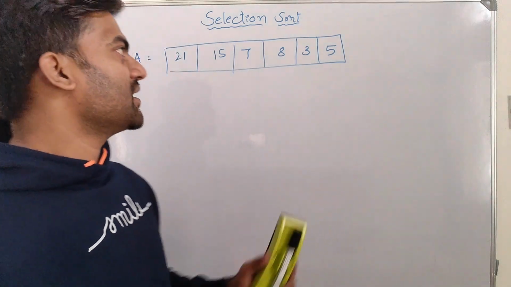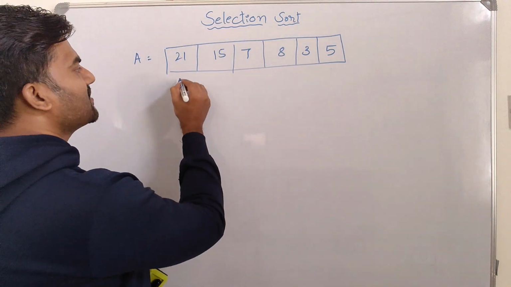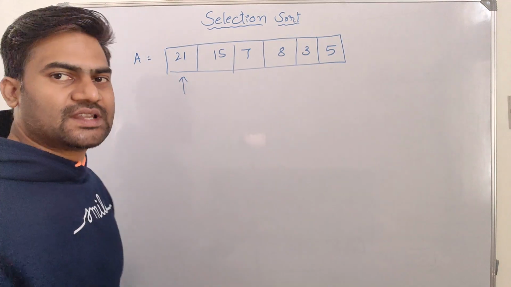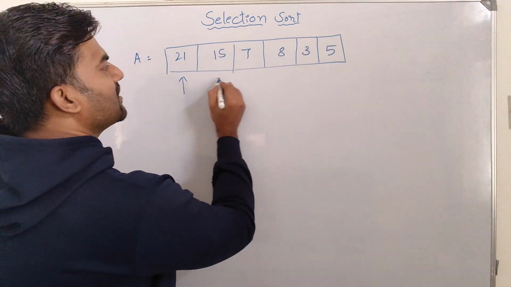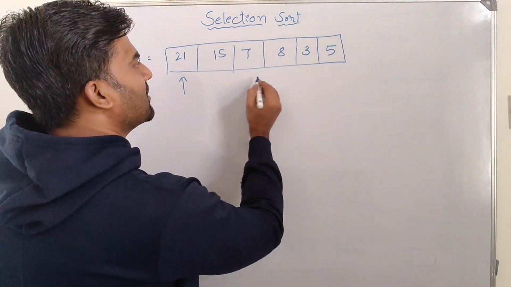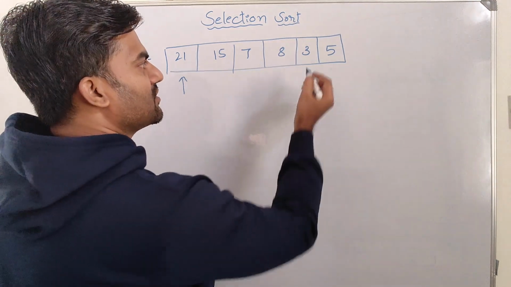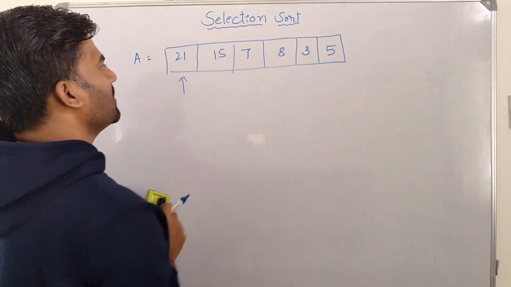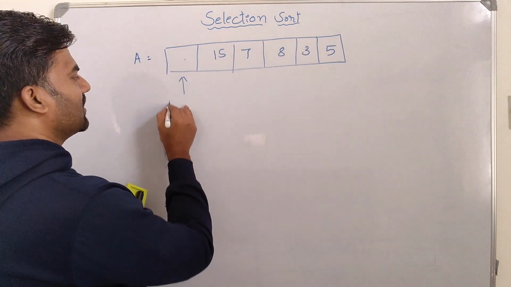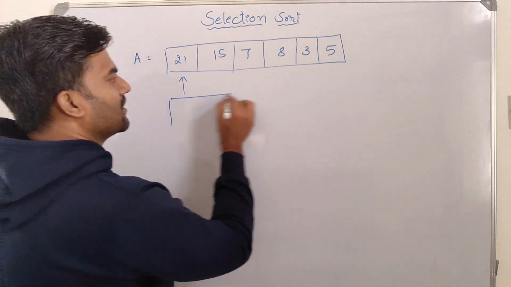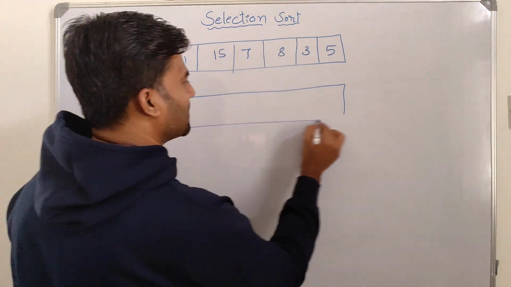So how do we achieve this technique? I will place a pointer here. This is the first element I want to get, and I will scan throughout the remaining elements. Which is minimum here? 3 is the minimum element. So I will simply swap that number.